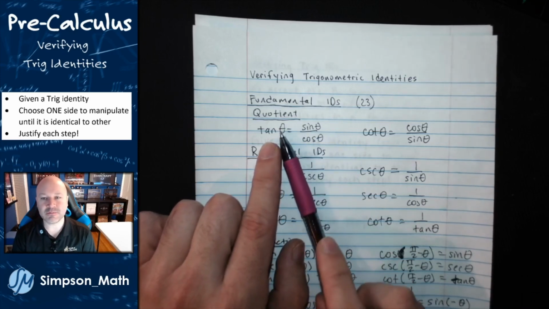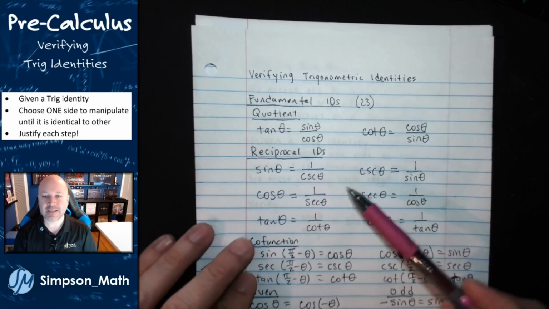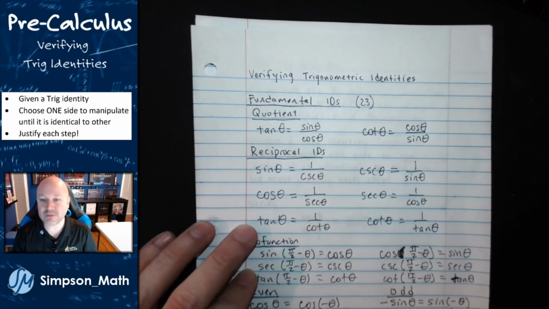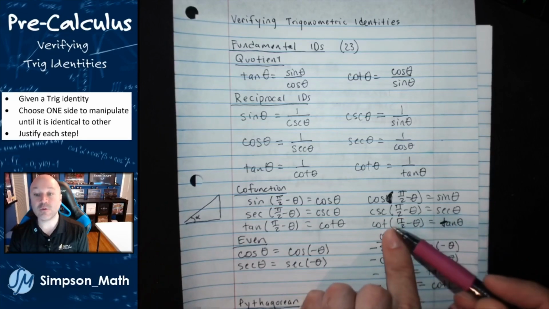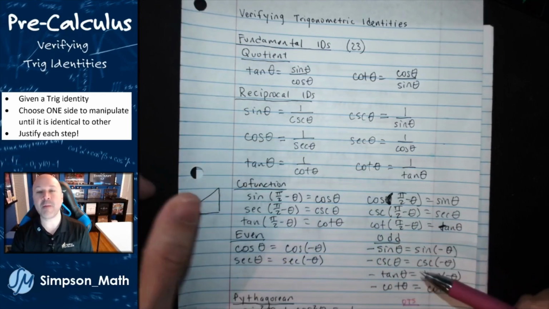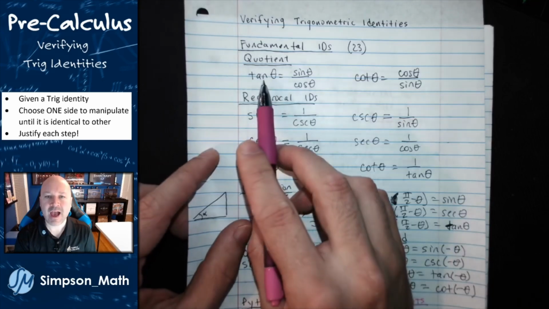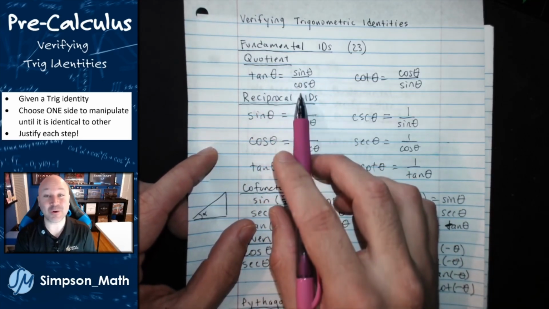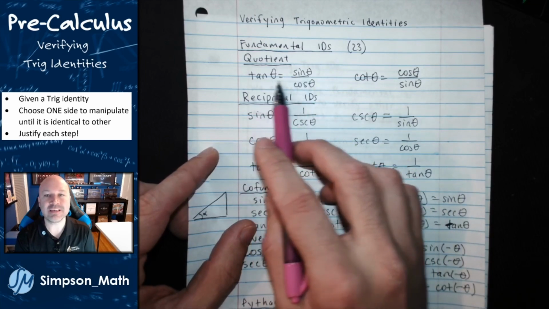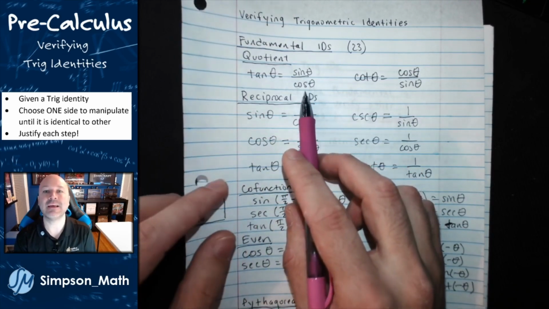But that's not the only time tangent popped up. Tangent could also be written as 1 over cotangent. It could be written as cotangent of 90 minus theta. It pops up a lot. But this one seems to kind of go with the flow of the identity that we're working with. So I'm going to use this identity to make a substitution.